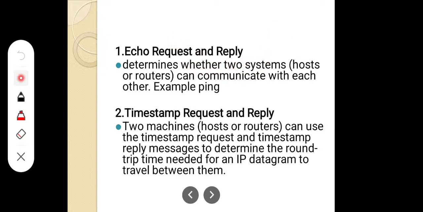The time taken to cover the distance from A to B and then B to A. For determining that we use this timestamp request and reply message, to determine the round trip time needed for the IP datagram to travel between them. Okay, ഒരു IP ഡാറ്റാഗ്രാമിന് ഹോസ്റ്റ് ചെയ്യുന്ന ഹോസ്റ്റ് എയിലോ ബിയിലോട്ട് പോകാനുള്ള ടൈം എടുക്കുന്ന എത്ര റൗണ്ട് ട്രിപ്പ് ടൈം എന്നുള്ളതാണ്. That is called timestamp request and reply.